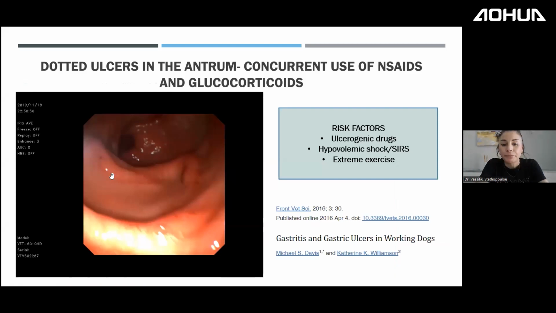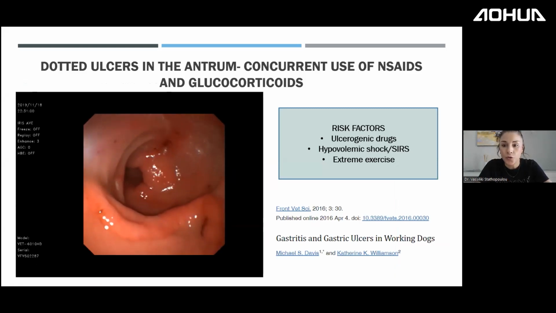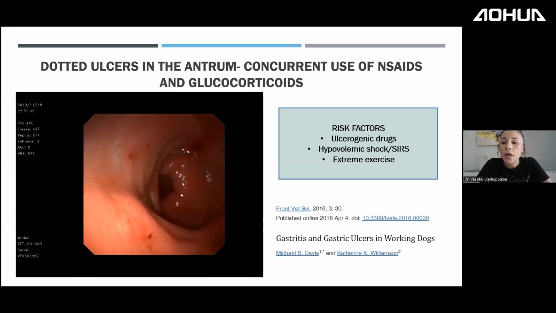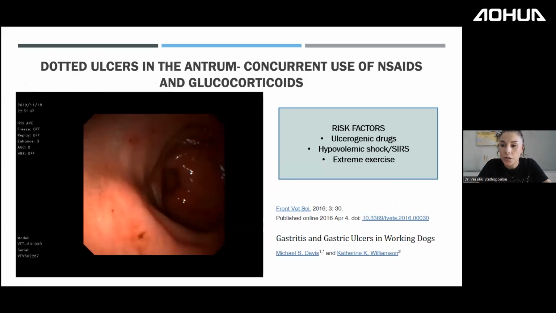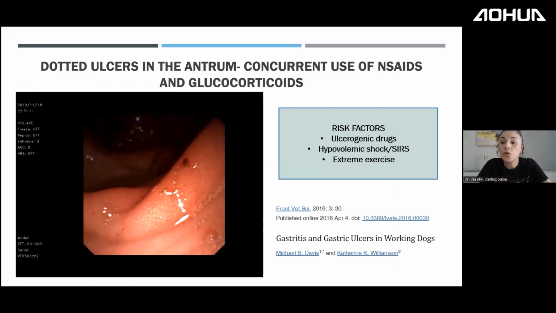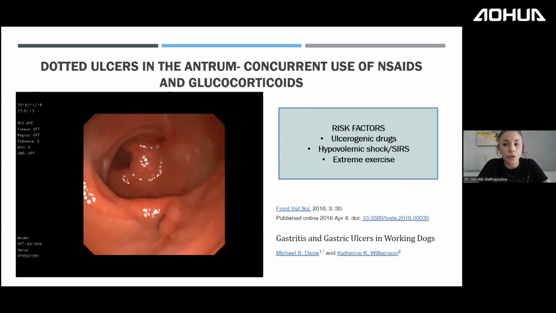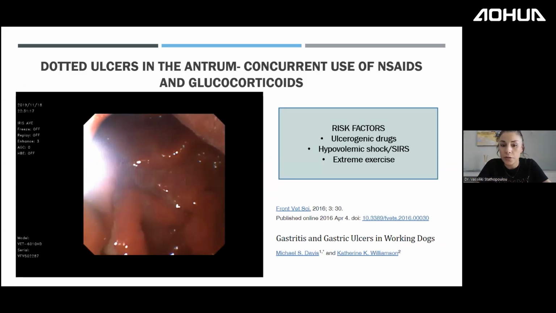Okay, here's a video of dotted ulcerations in the antrum, because this dog had spinal cord herniation, and they started off with non-steroidals, which did not work very well. The animal was not responsive to non-steroidals.